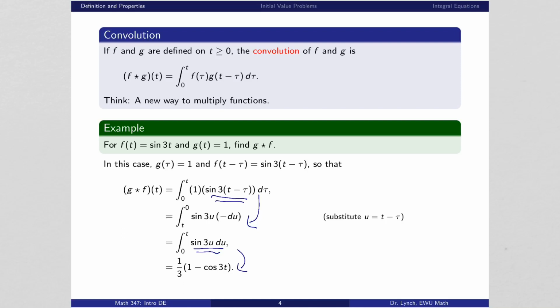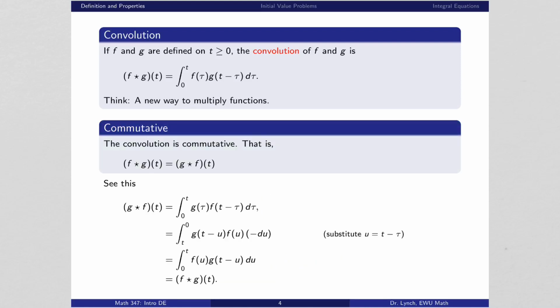So you can see that for this particular set of functions, this is equal to f star g. You might be asking, is the convolution always commutative? It turns out it is, and you can prove that. It's pretty quick to prove just using the same u substitution that we just used.